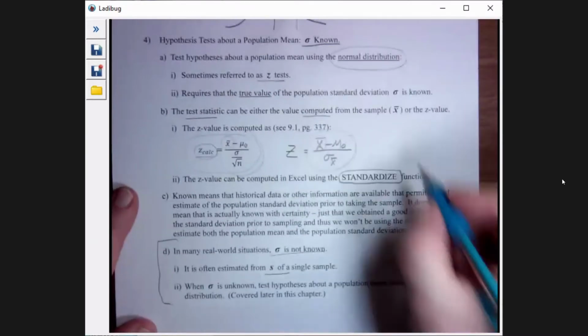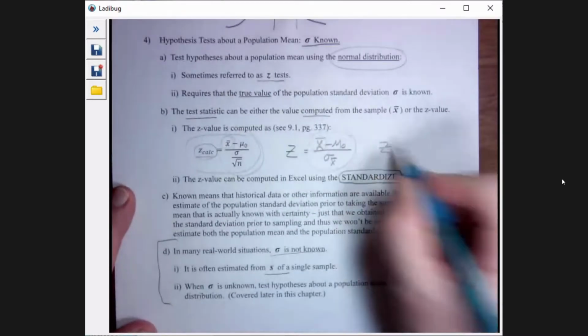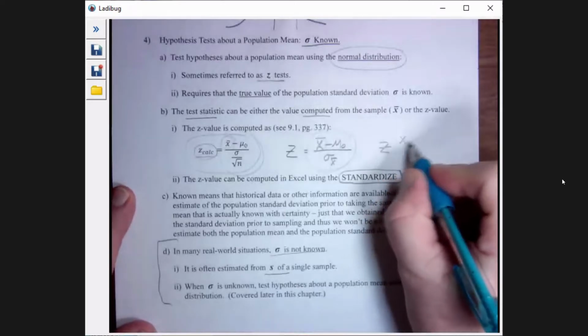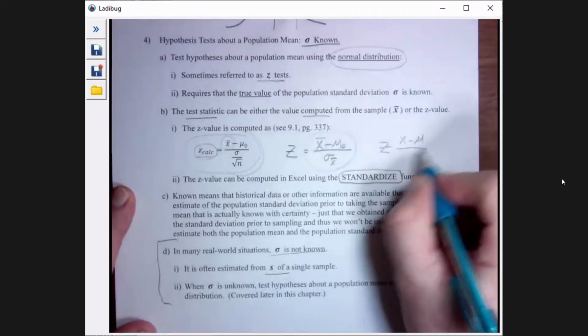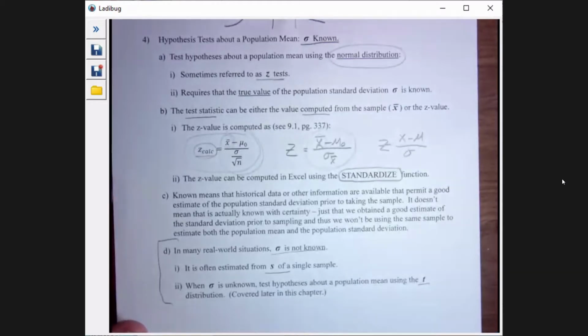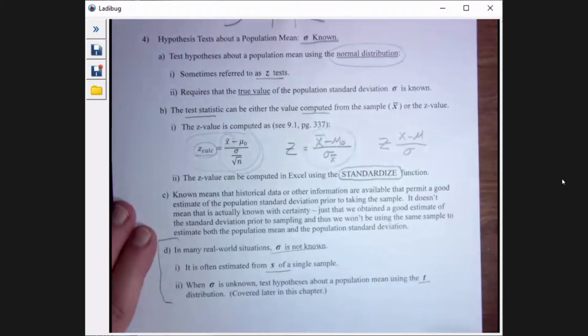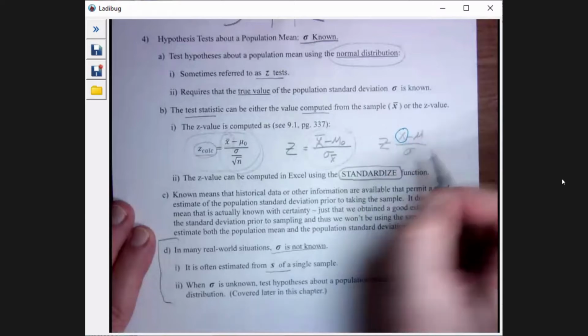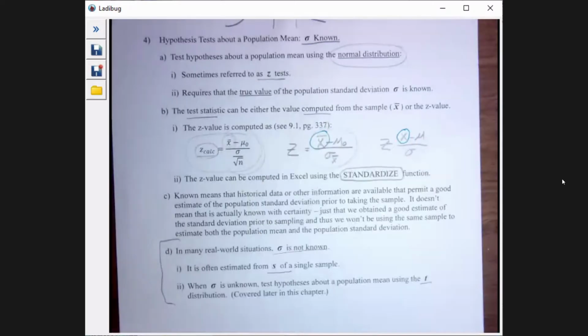The standardized function computes a z value. You give it an X, you give it a mean, and you give it a standard deviation. What's the X in this case? It would be X bar. Exactly. What's the mean? Mu naught, which we have. Exactly.